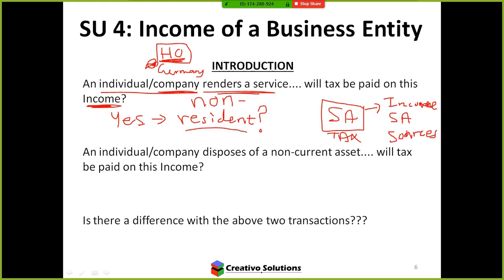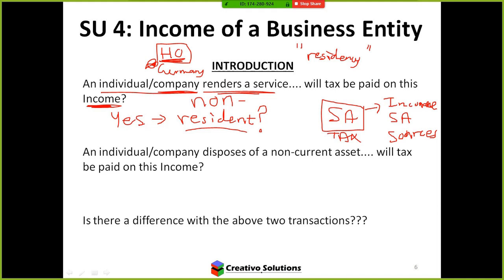That's something you need to consider when looking at the residency. In other words, where is that company based and where does it carry out its operations? That's quite specific in terms of legislation.